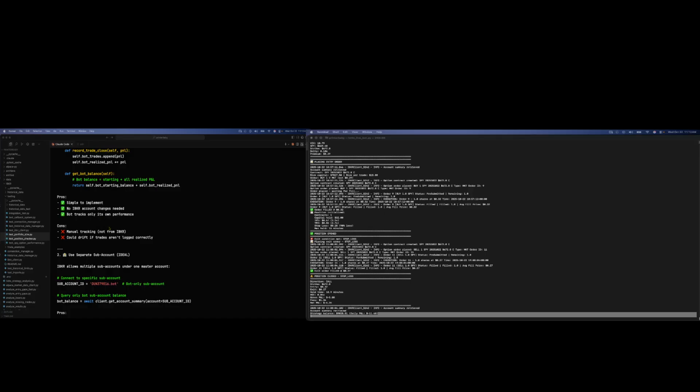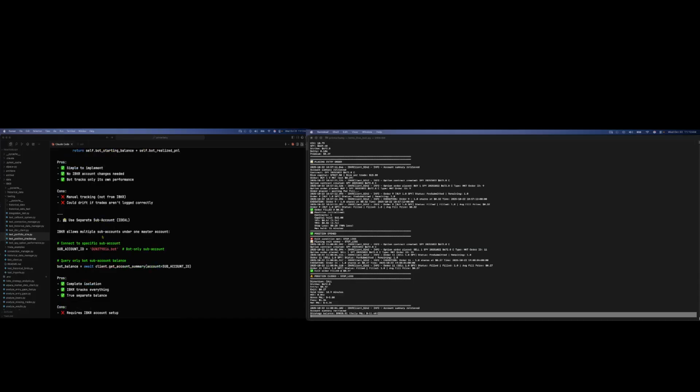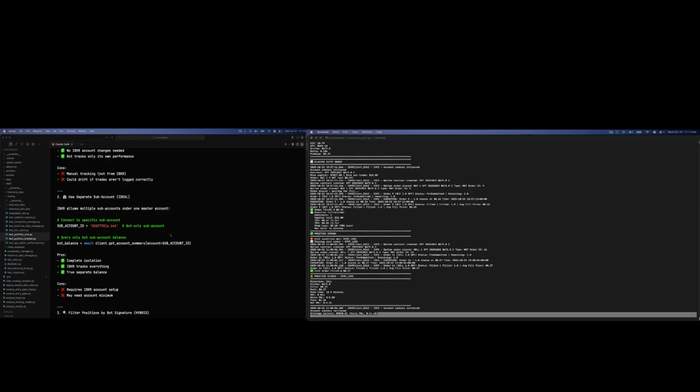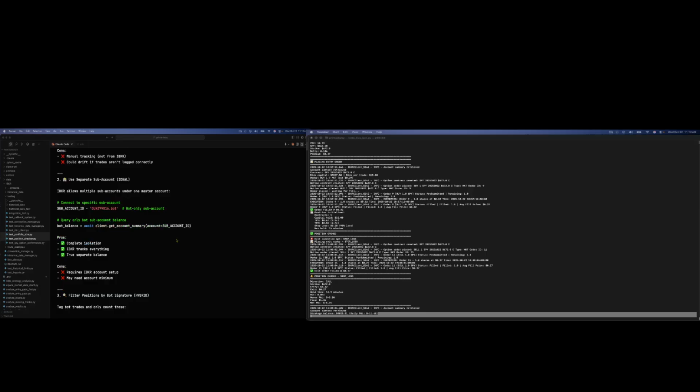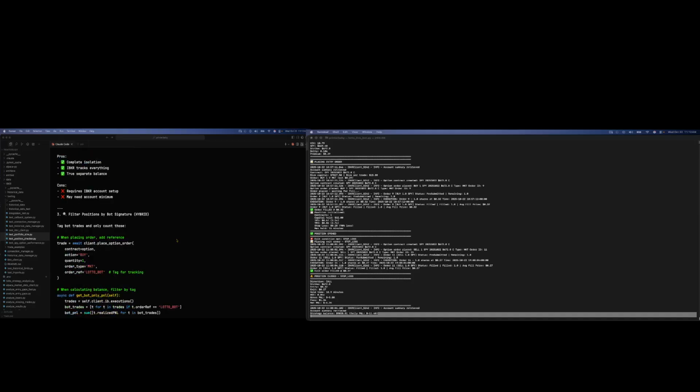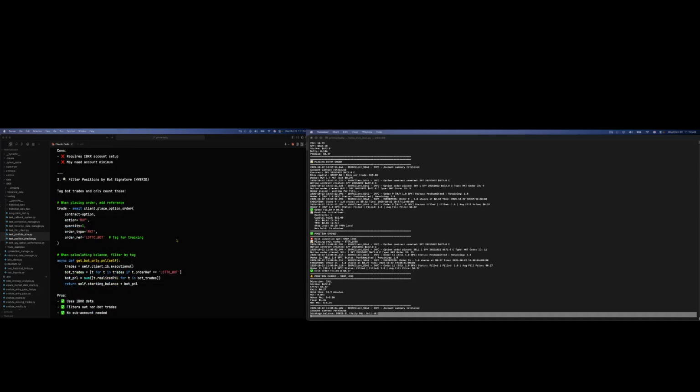Bot tracks its own performance. Manual tracking, not from IBKR. Use a separate sub account. IBKR allows sub accounts under one master account. Really? Just have to find out how to do it. Requires IBKR setup. May need account minimum. Filter position by bot signature hybrid.